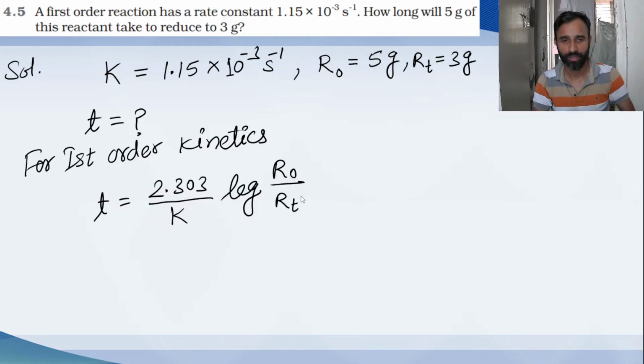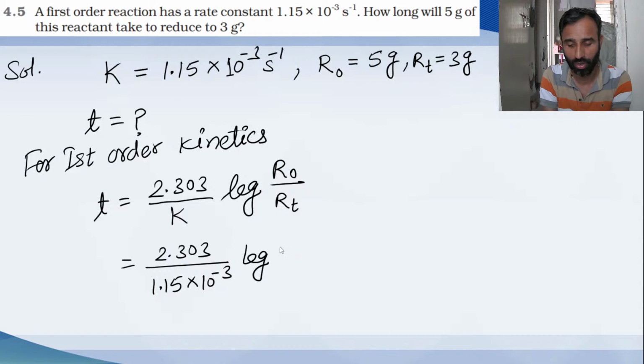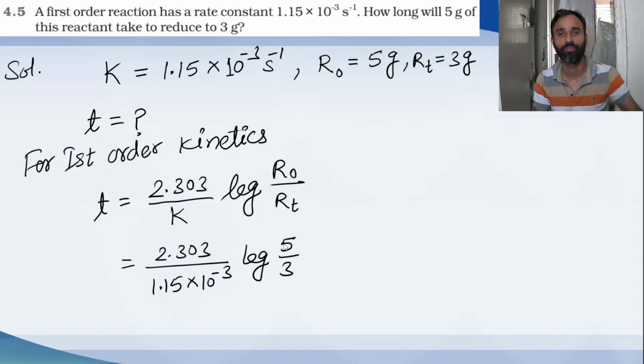This is the formula to calculate time for first order kinetics. It is the integrated rate equation. It is equal to 2.303 divided by 1.15 into 10 raised to power minus 3, log of 5 over 3.